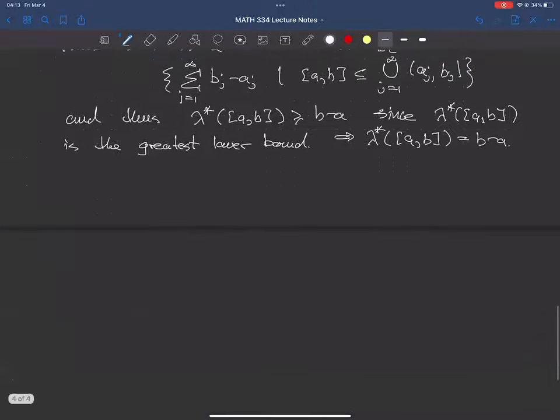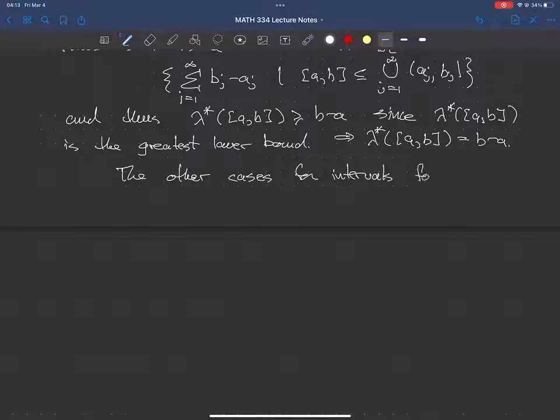So the other cases for intervals follow from monotonicity.